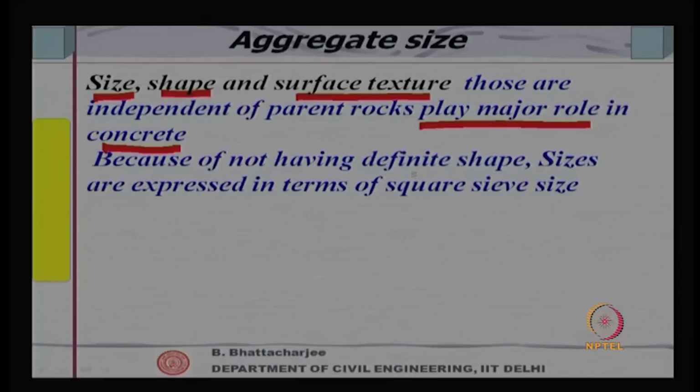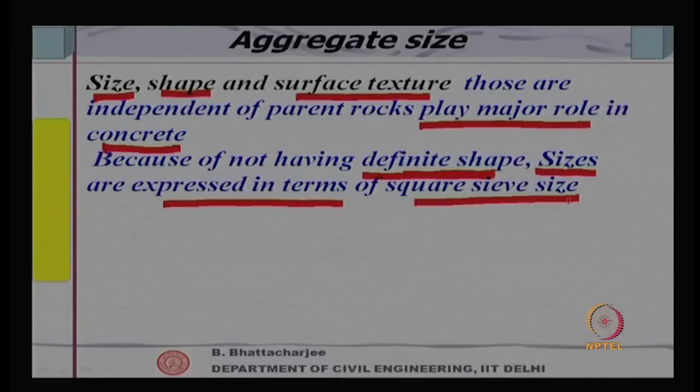Well, they do not have a definite shape, and sizes are expressed in terms of square sieve size. You do not have definite shapes, so you talk in terms of qualitative or linguistic terms such as rounded, etcetera. They do not have a definite geometrical shape.